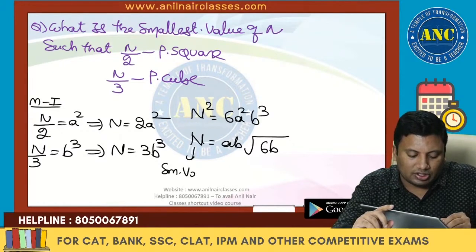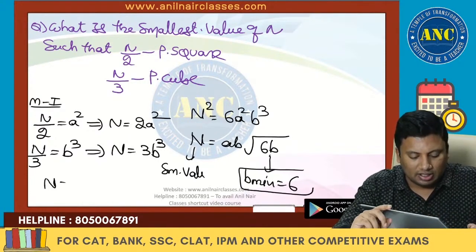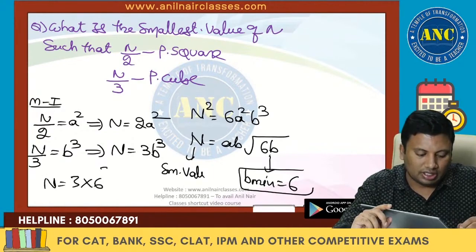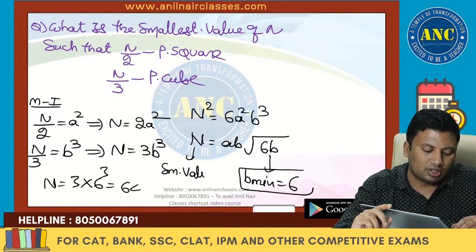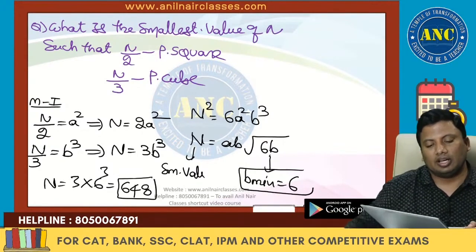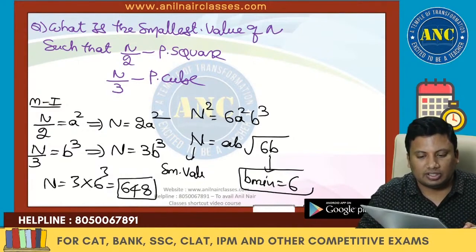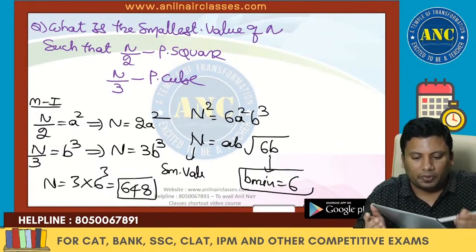This is the smallest value, so under the root, the minimum value of b is 6. So the answer is n = 3 into 6 cubed, 216 into 3. The answer is 648. I hope it is clear.